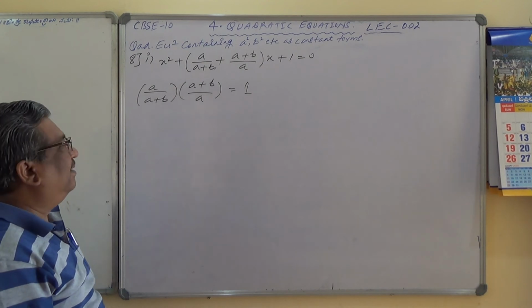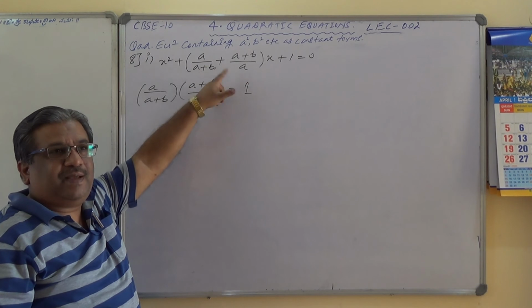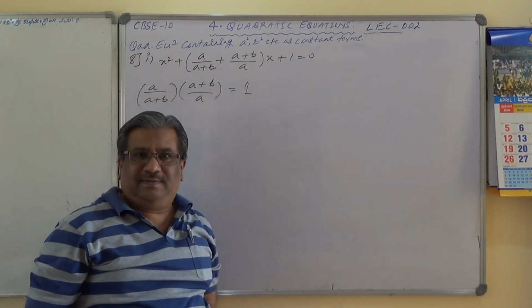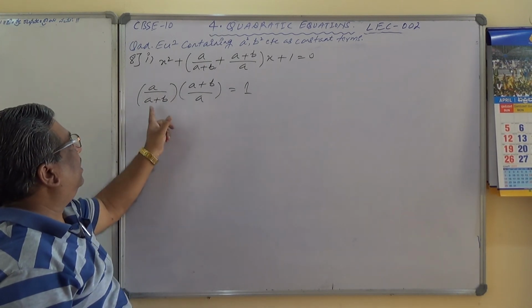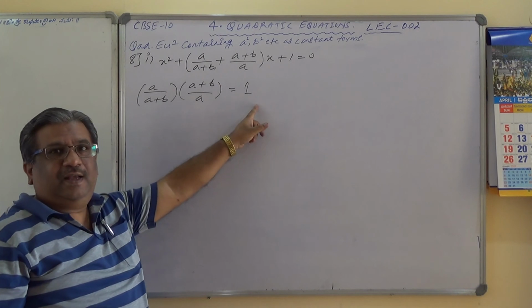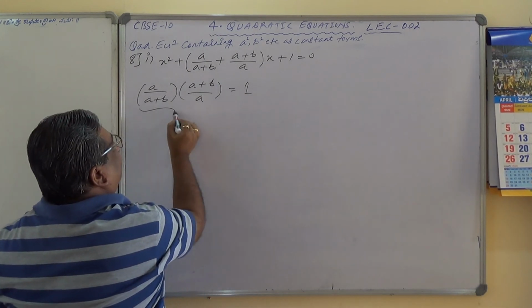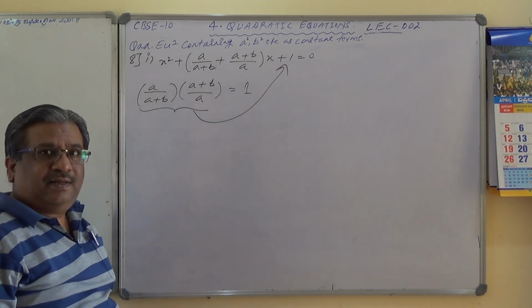Are you able to understand? These are the two terms given. What I am considering is the product of these two is the constant 1. Is it not? A cancels, a plus b cancels, 1. So can I replace this 1 which is here by this term? Can I replace that?